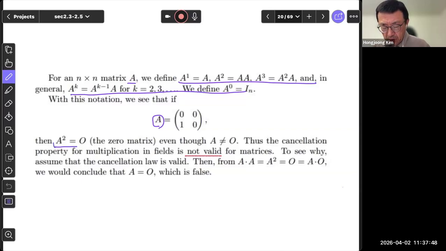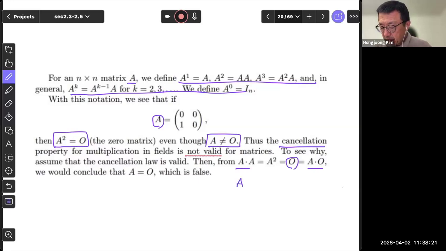This does not mean A is zero. And the cancellation law does not hold. For example, A times A will be the zero matrix, and A times the zero matrix will also be the zero matrix.